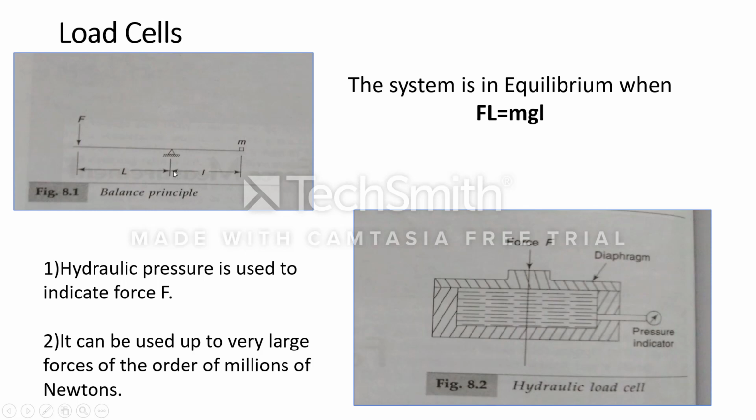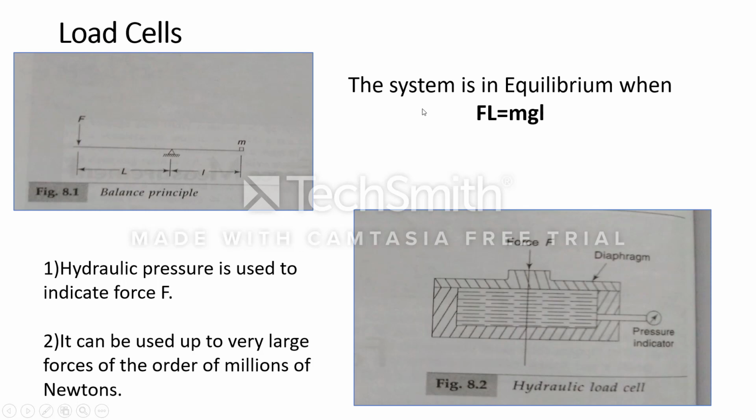This distance is a small l, the distance of the second load applied on the other end. When the beam is balanced, this principle is known as the balance principle. From both sides the load is applied, that's why it is known as the balance load principle.